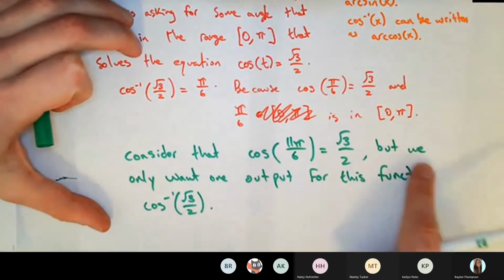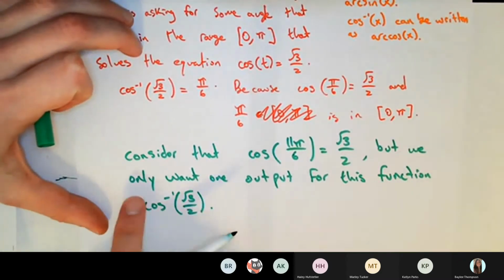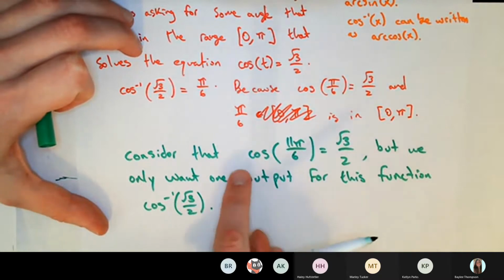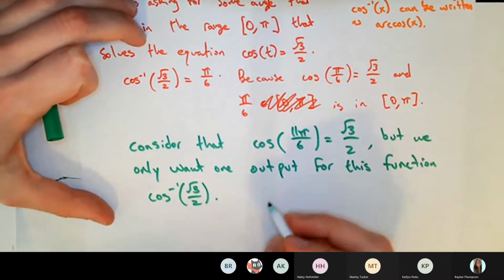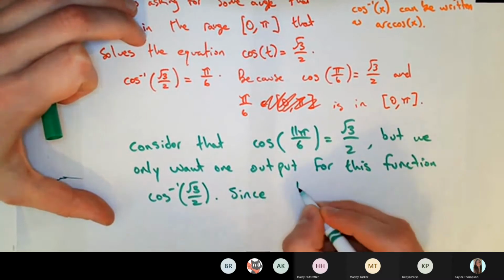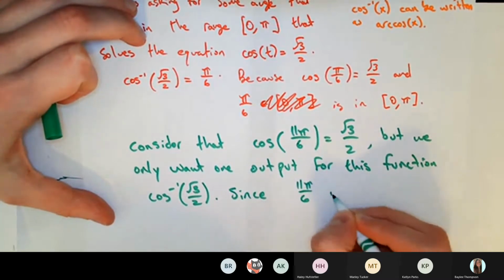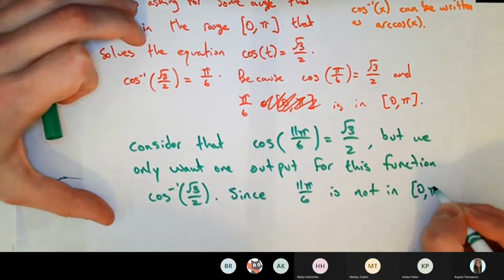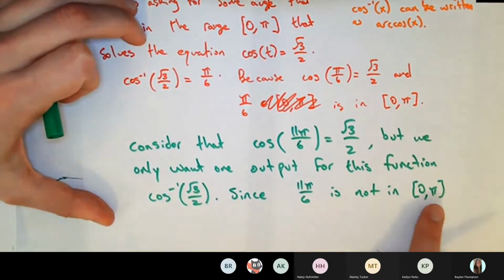So what I can say from going off this statement here: this does solve the equation, but there are two things to satisfy. You must solve the equation, and you must also fall in this range. Since 11 pi on 6 is not in 0 to pi, because it's too big, right?